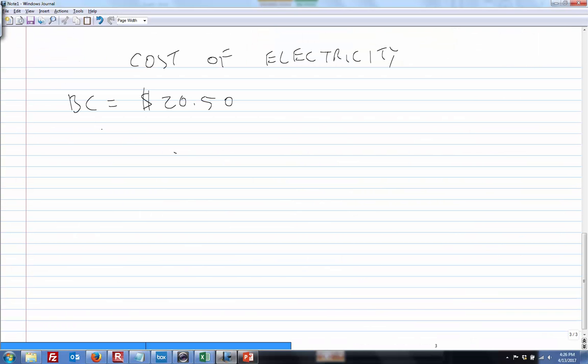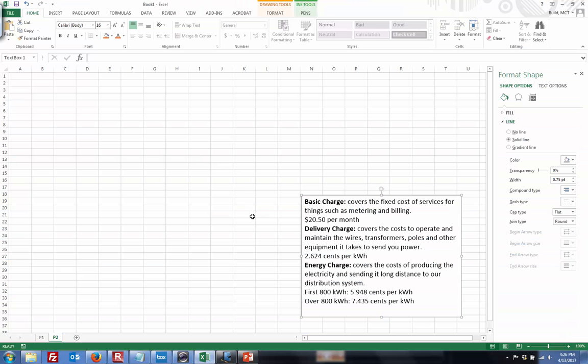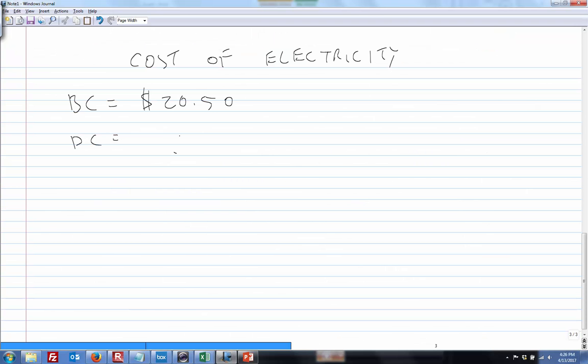Delivery charge equals 2.624 cents per kilowatt hour.